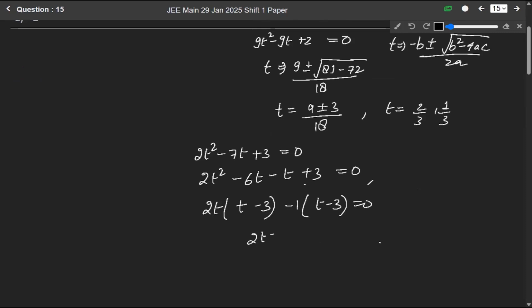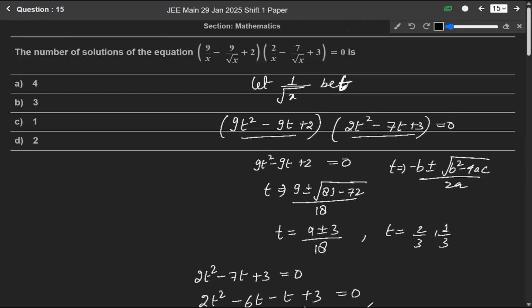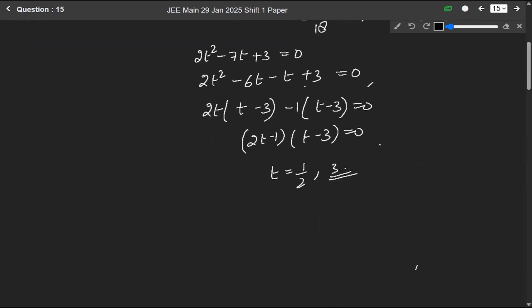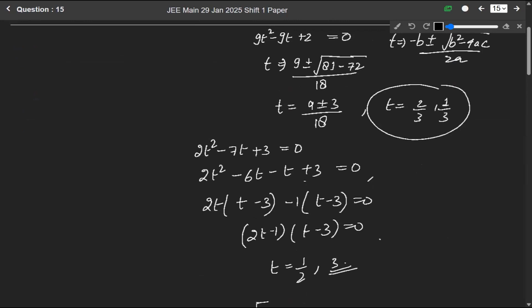So (2t minus 1) and (t minus 3) will be the factors. So from here, t will be equal to 1 by 2 and t is 3. Since we have taken 1 over root x as t, root x will be equal to 2 by 3, 1 by 3.